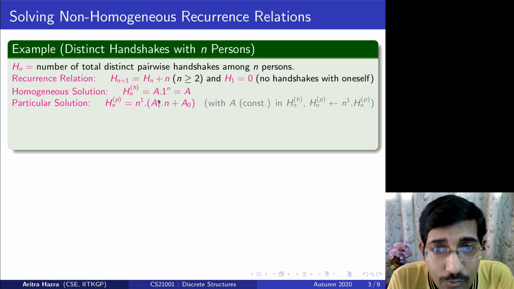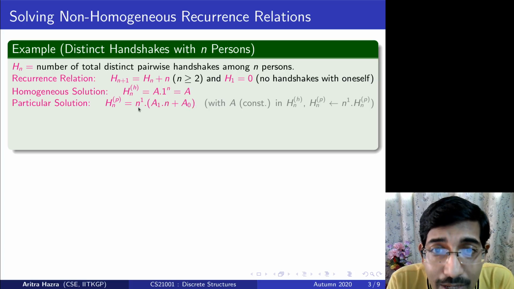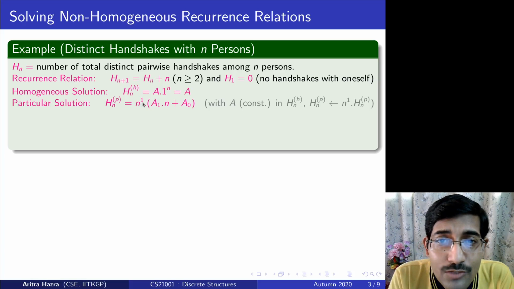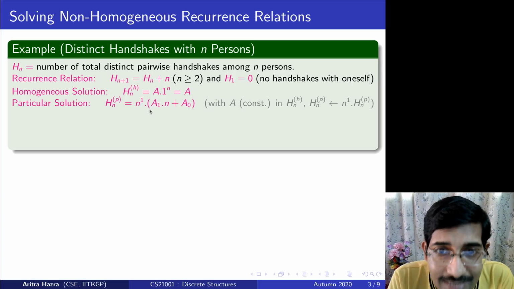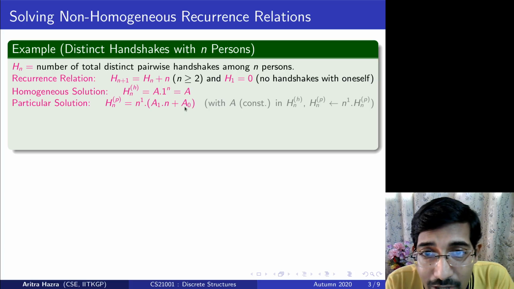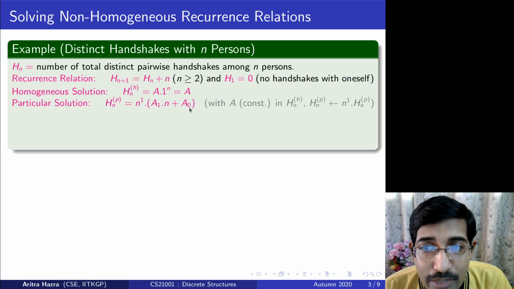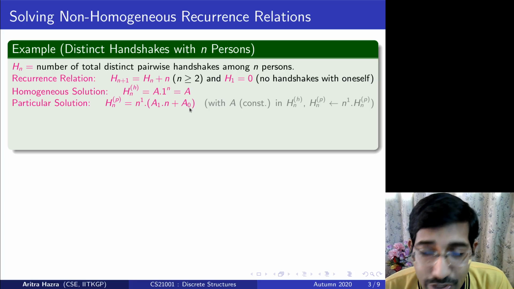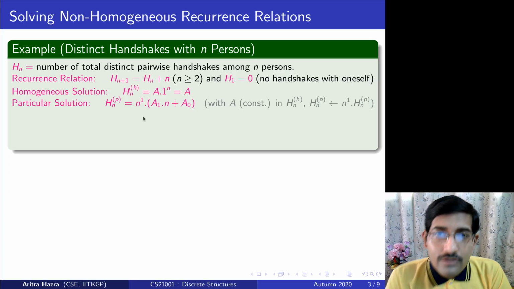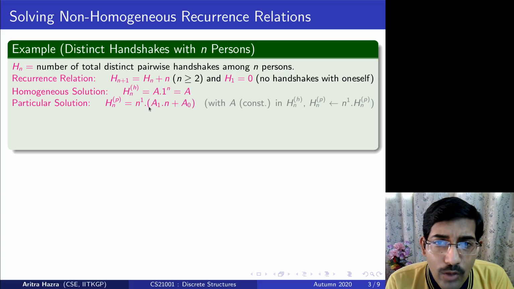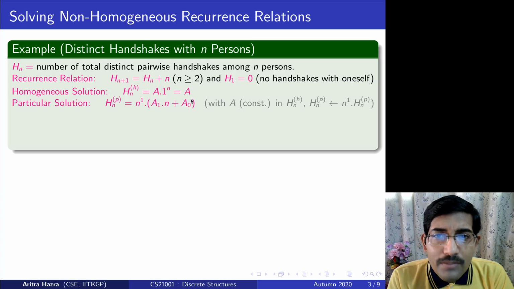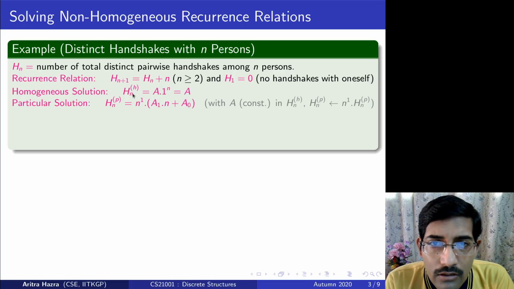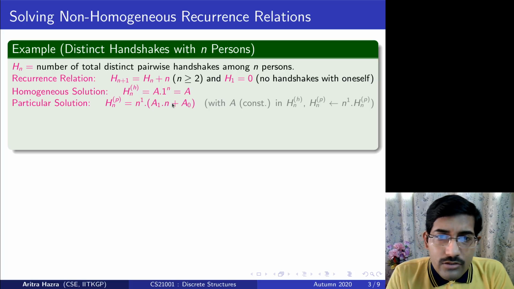Therefore I need to multiply it with n to the power s, with the smallest s such that my particular solution becomes independent of my homogeneous choice. So I see that n to the power 1 is the minimum multiplication that I need to do. So it becomes a1 n square plus a0 n, which is not associated with any homogeneous solution.